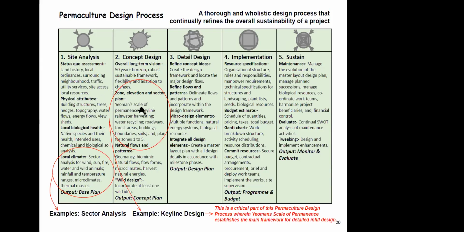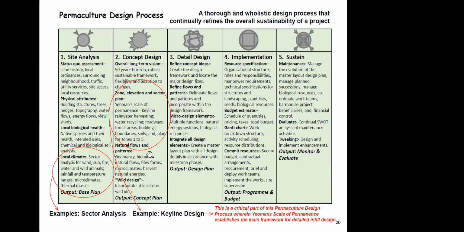So the inspiration I got here was Yeoman's scale of permanence, because this lays out the sequence of how one goes about to prepare a plan. So we're going to unpack the sequence in a bit more detail, but once you've got the sequence, it provides a framework plan for all the other bits and pieces to slot into.